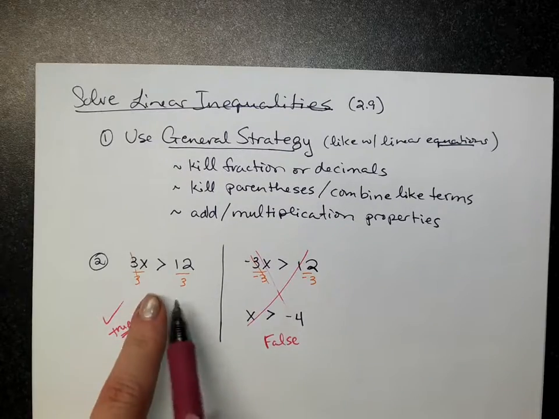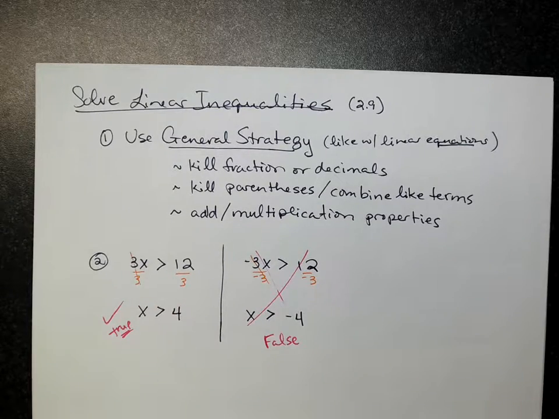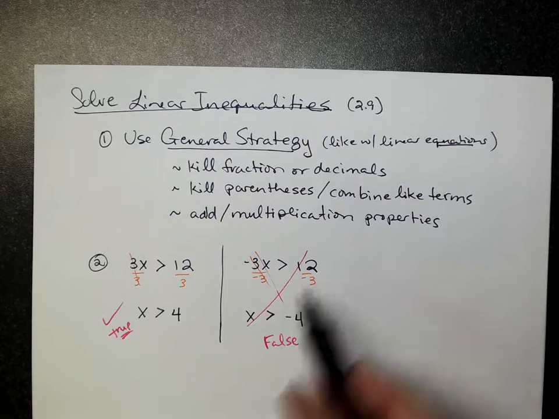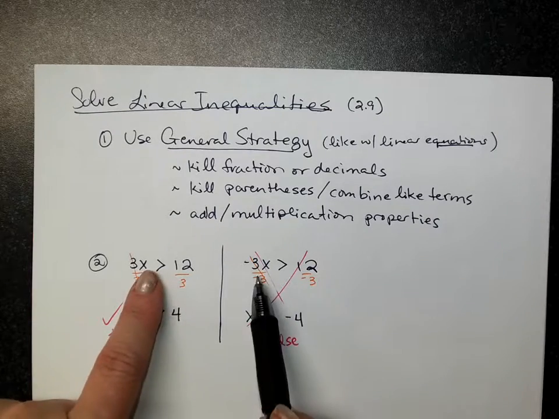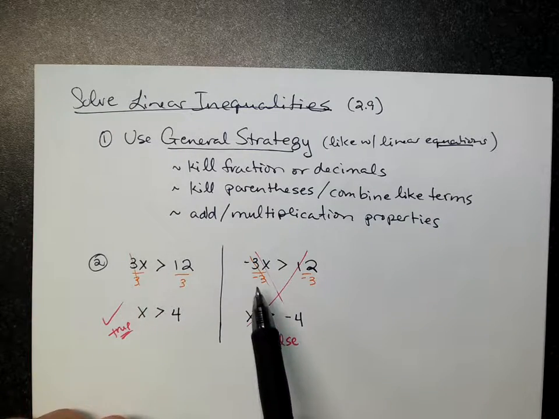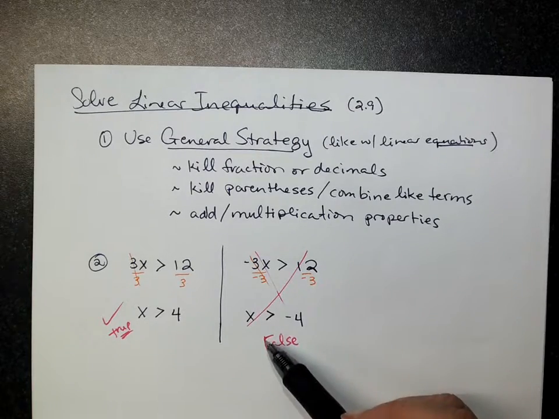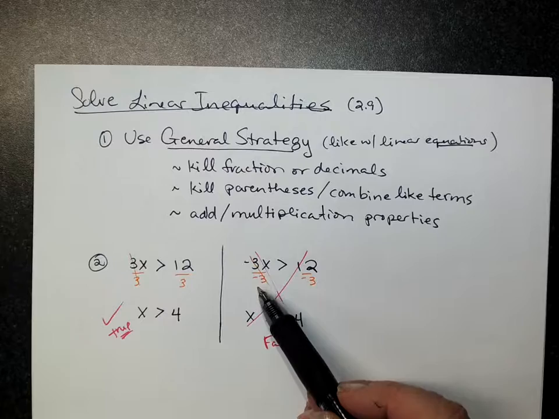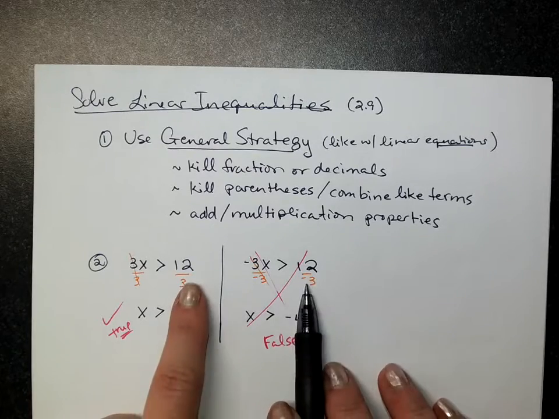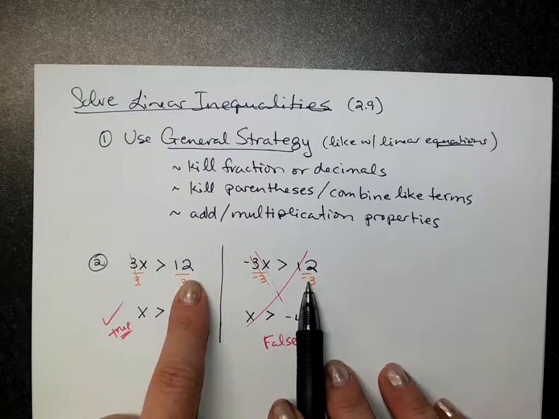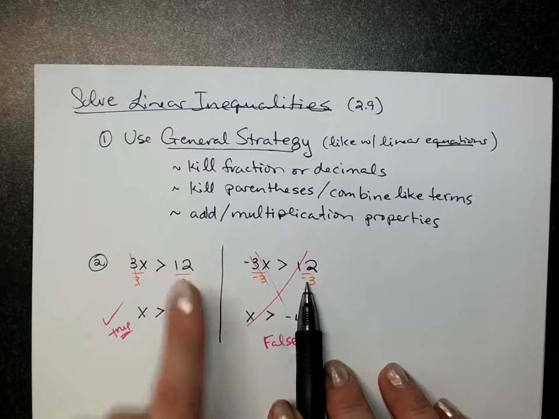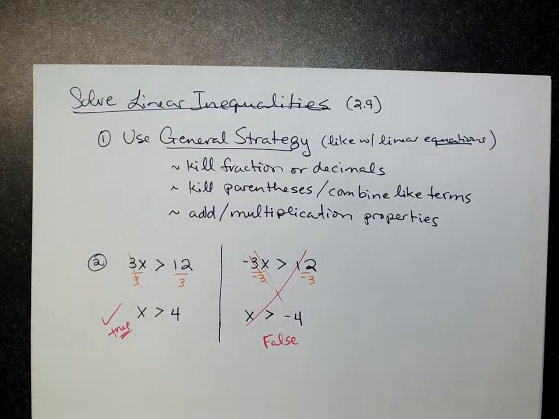And the one difference between this one and this one is what? The negative sign, in front of the x, the coefficient of x. It doesn't matter whether the constant or your answer is positive or negative.